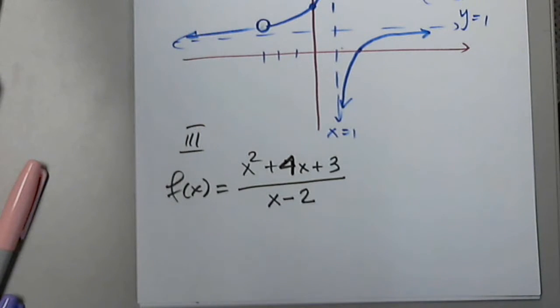Type 1 and type 2 have horizontal asymptotes. This one will have, instead of a horizontal asymptote, a slant asymptote. Either this way, and that will give us the end behavior, from negative infinity to positive infinity.